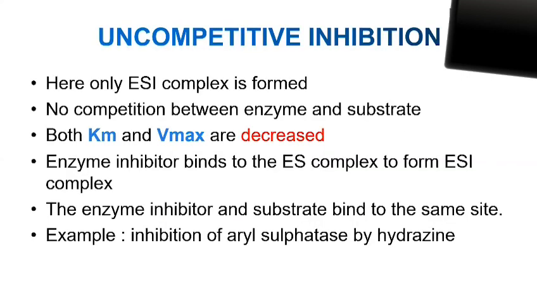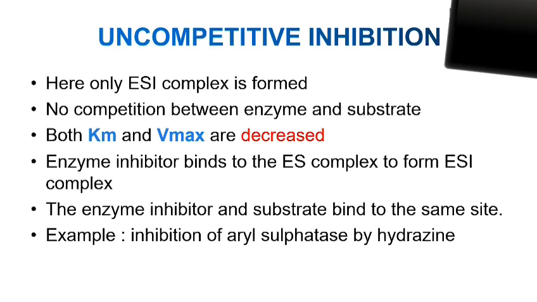Next comes uncompetitive inhibition. In uncompetitive inhibition, there is formation of one complex, the enzyme substrate inhibitor complex. It is similar to non-competitive inhibition, but the difference is that the site for binding of both substrate and inhibitor is the same, whereas in non-competitive the sites are different.